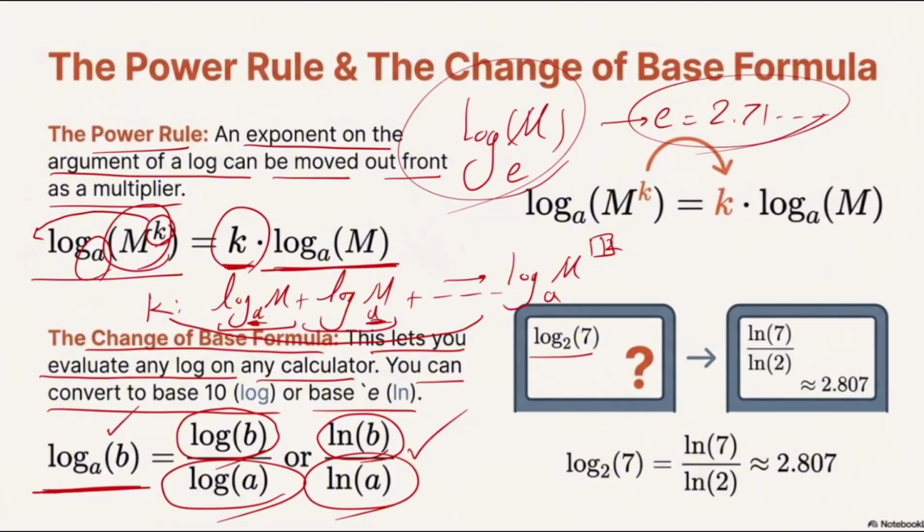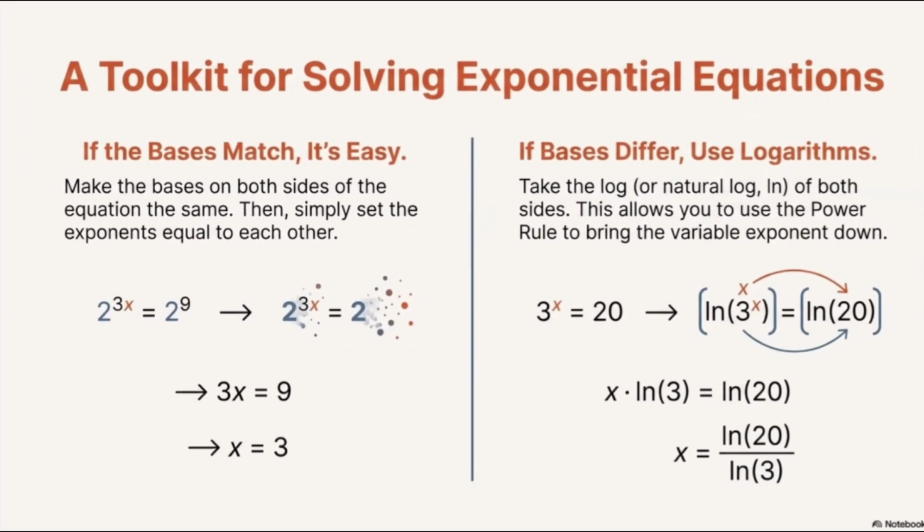So as you can see here, the log of 7 with the base of 2 can be written as log of 7 divided by log of 2, or we can write it as ln of 7 divided by ln of 2. Whatever number you get is going to be your final answer itself.